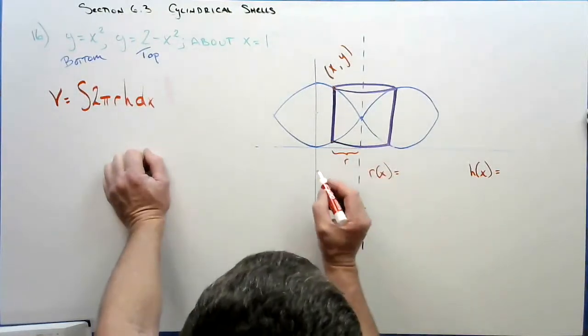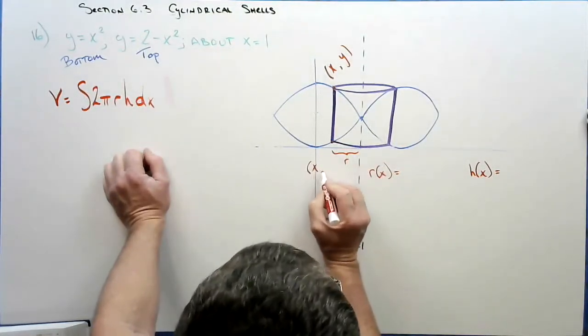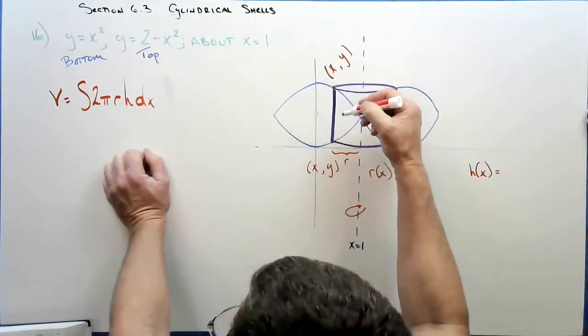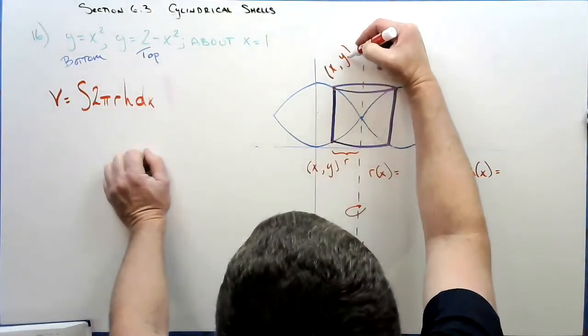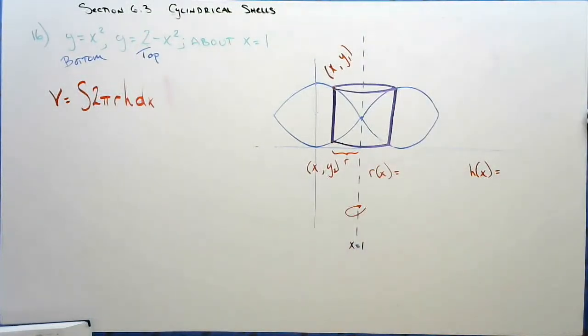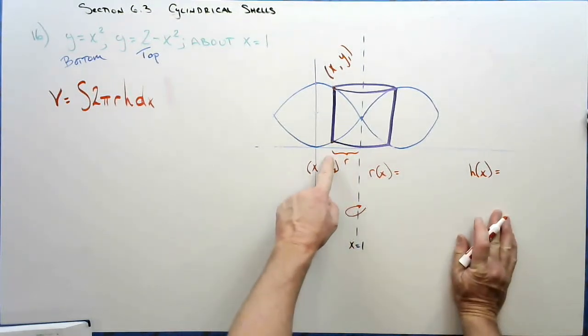What are the coordinates of this point? Again, x, y. The x values are the same because that's vertical, but the y values are different. So we'll call the top one y sub 1, we'll call the bottom one y sub 2. So our radius goes from this line to here.